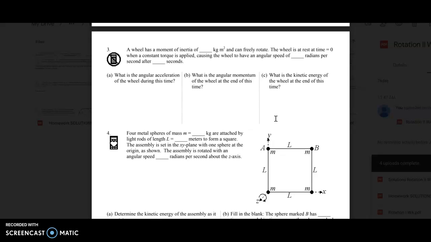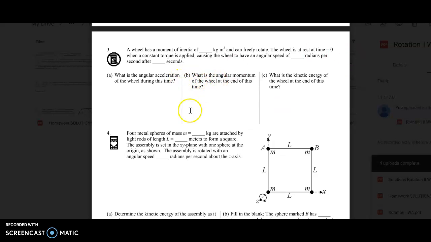Let's see. Number 3. Angular acceleration alpha, again, change in omega over time. Angular momentum, when I think of the things angular momentum can equal, I just sort of rest on linear momentum, right?